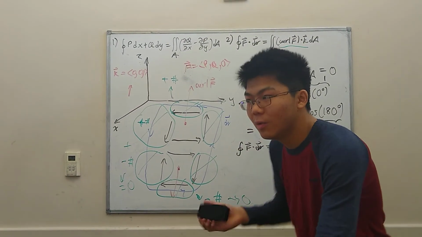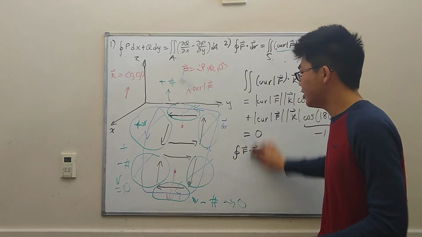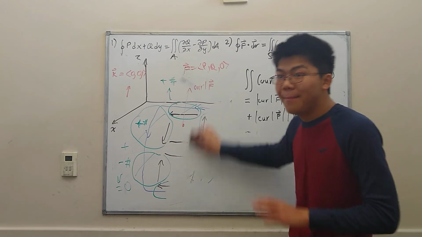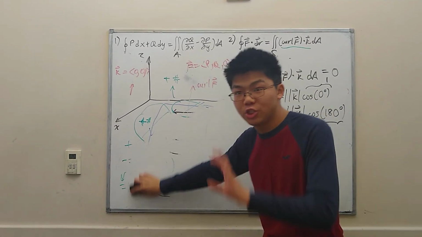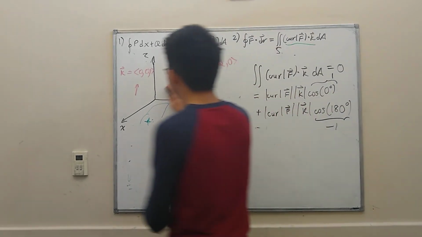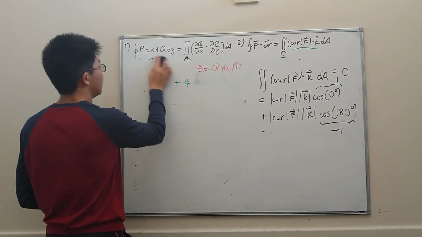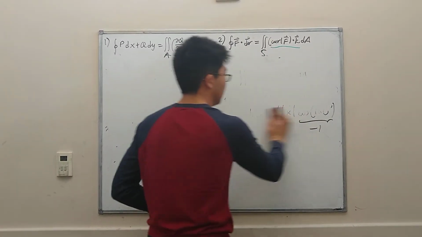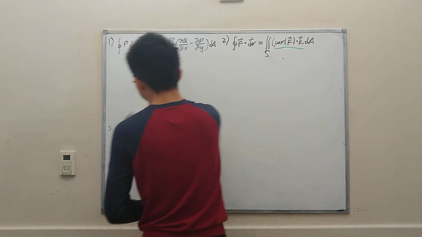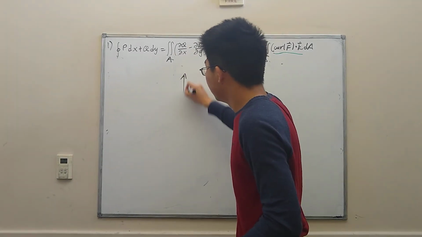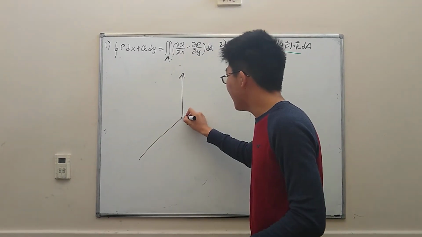This scenario is one where we have two different circulations in the opposite directions, but the magnitudes of the strengths of the circulation are different. Again, we'll choose our x, y, and z.